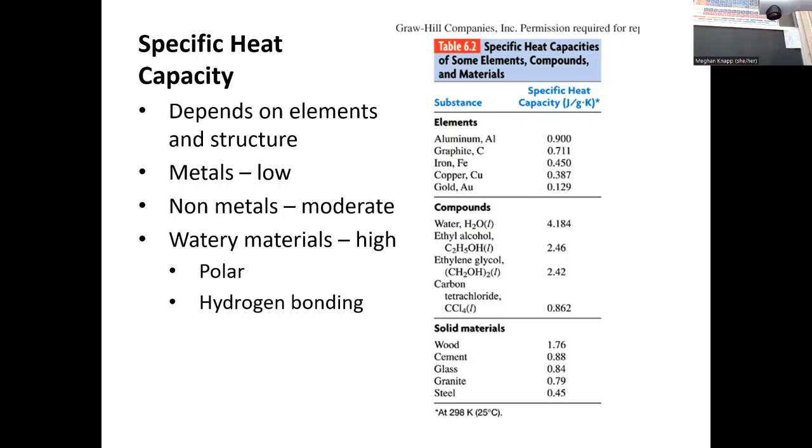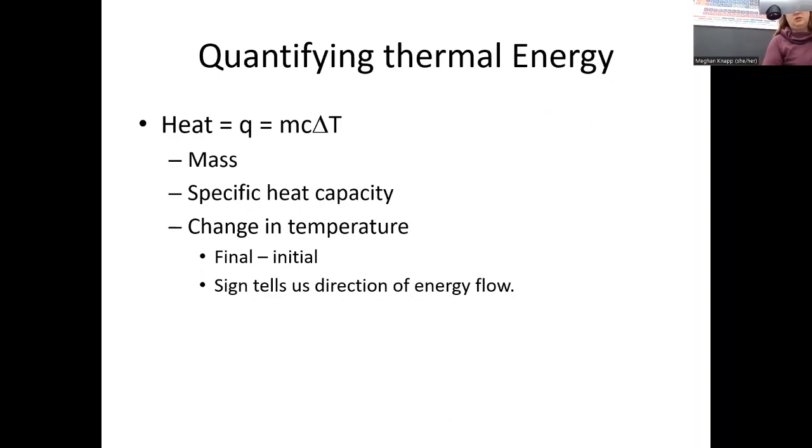All right, so I think we have just enough time to go through a calculation. So when we measure heat, the transfer of something, what we're going to measure is the mass times the specific heat capacity times the change in temperature. So there's going to be a change in temperature because there is a transfer of heat.